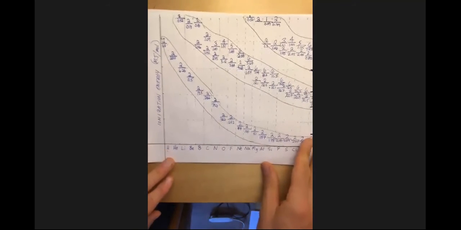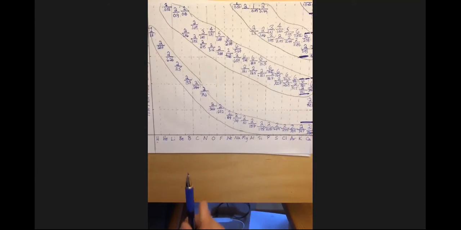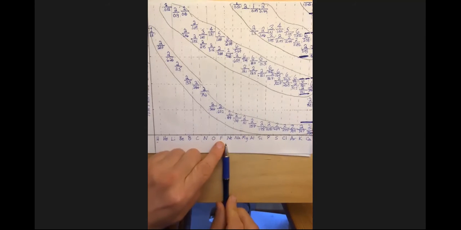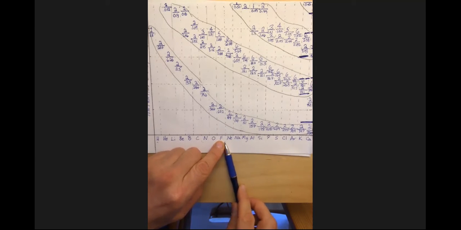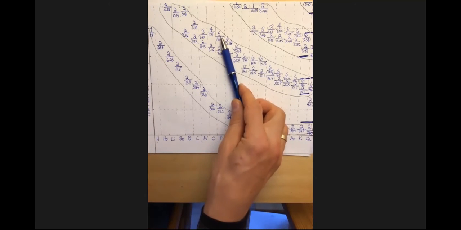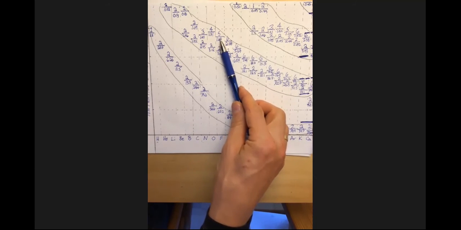Okay, so what do we know? We know that fluorine right here is an element that pretty readily accepts electrons. If we look up, we see fluorine has 5 electrons in its 2p.